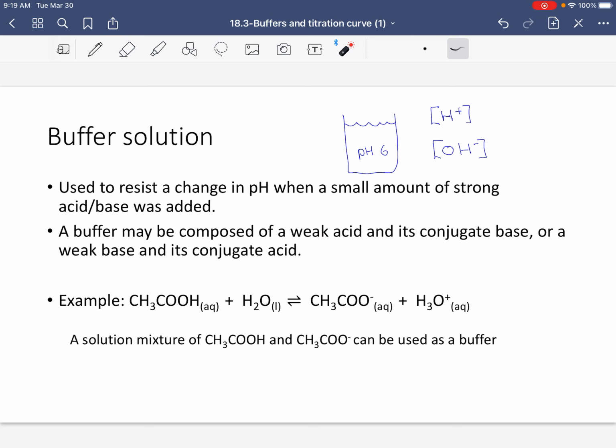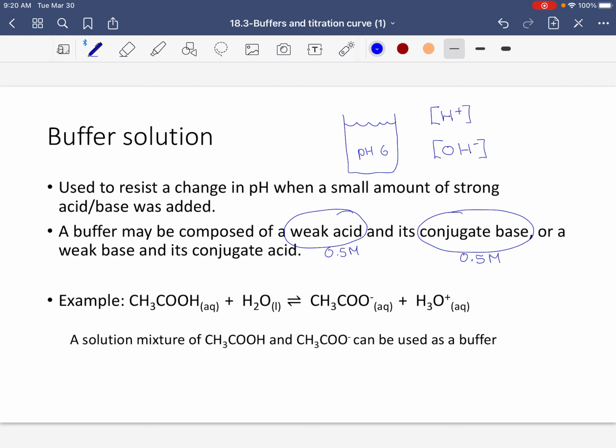Now let me show you what that is very quickly, but what you need to know here is that the amount of weak acid and the amount of conjugate base has to be equal. So it's an equal molar amount. So this is going to be 0.5. This should also be 0.5. And later on in this note, I will show you how to prepare one of these on paper.